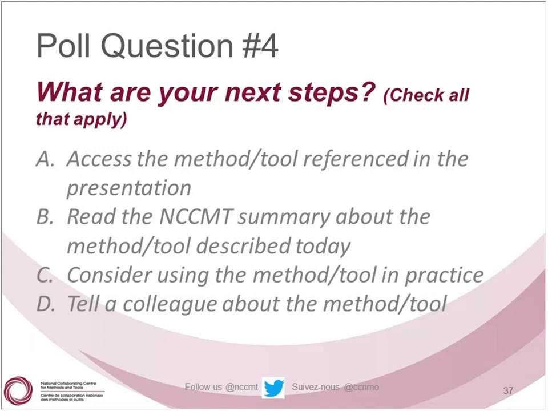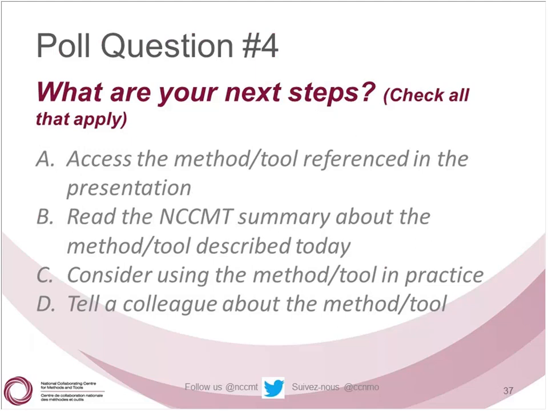And then a final question for you around what are your next steps? You can click as many of these as apply to you. Are you planning on accessing this tool? Are you thinking about reading its summary on the Registry of Methods and Tools, considering using this tool in practice, or telling a colleague about it?